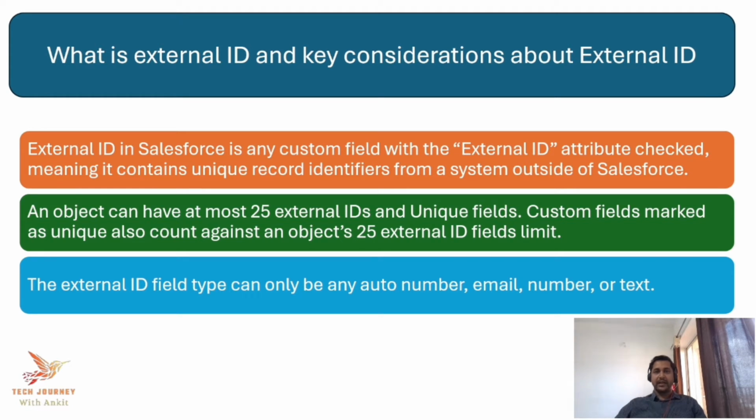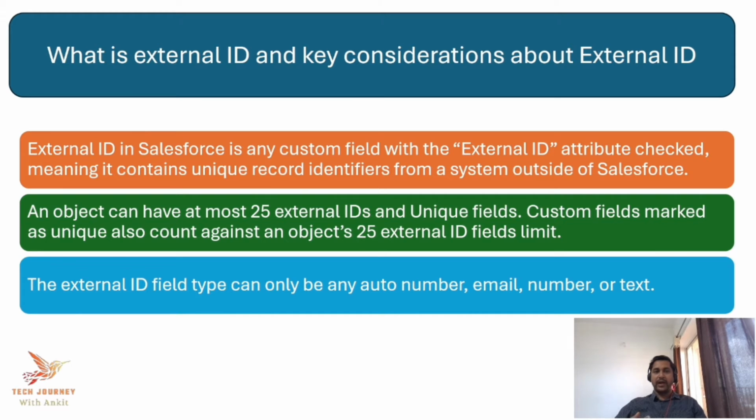It means that if you check this external ID attribute, then the unique record identifiers from the external system will be saved into that field. The recommendation is that whenever you check the external ID attribute, also check the unique attribute.